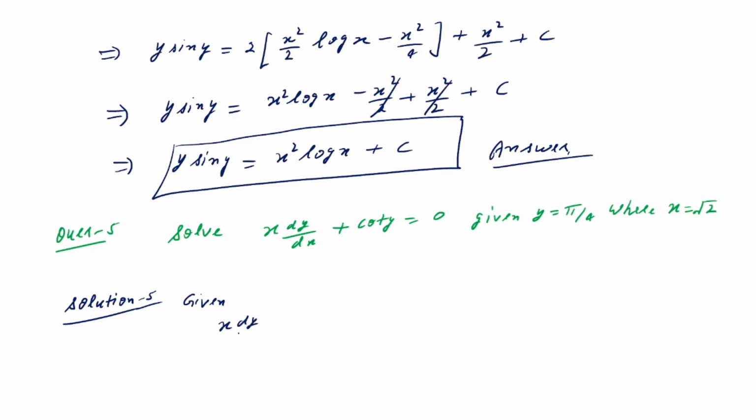x dy upon dx, if you see the question number 2, this is very identical to question number 2. This implies that x dy upon dx is equal to minus cot y. You can write it like this: x dy upon dx is equal to minus 1 upon tan y.